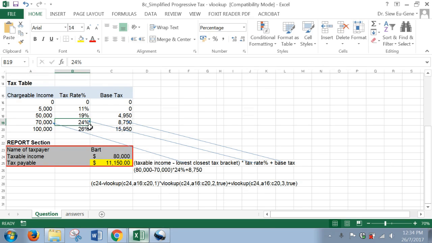In the second VLOOKUP formula, we are using it to obtain the tax rate at that appropriate interval. And in the third VLOOKUP formula, we are using it to obtain the base tax of all the previous tax calculation for that tax bracket.